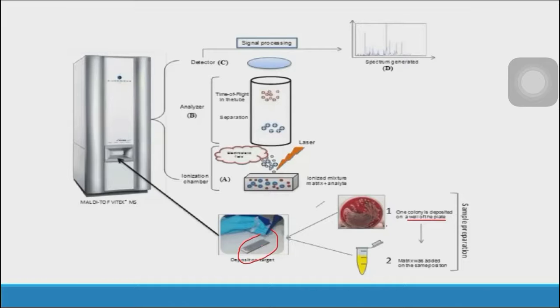A well-isolated colony is selected to ensure that you are identifying a single organism because mixture with other colonies may cause misidentification. So kailangan dapat talaga well-isolated colony para hindi magkaroon ng mix-up ng organism, and hindi ka magkaroon ng misidentification.